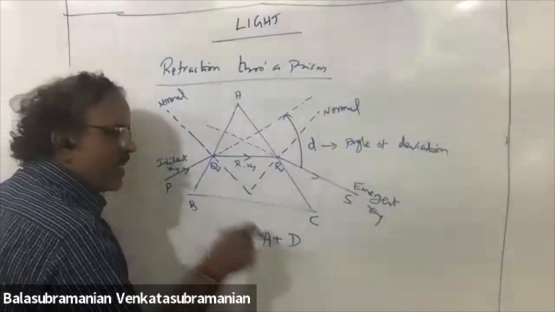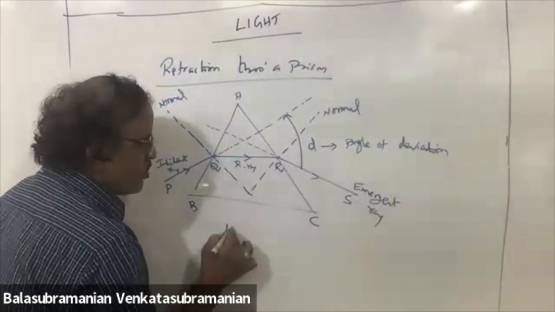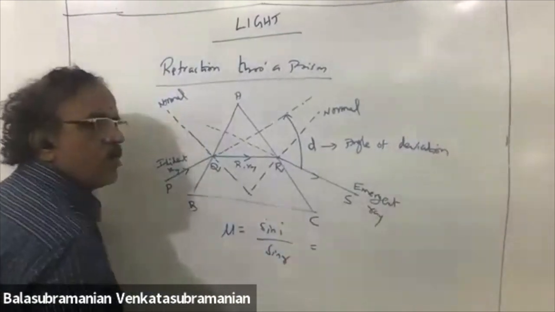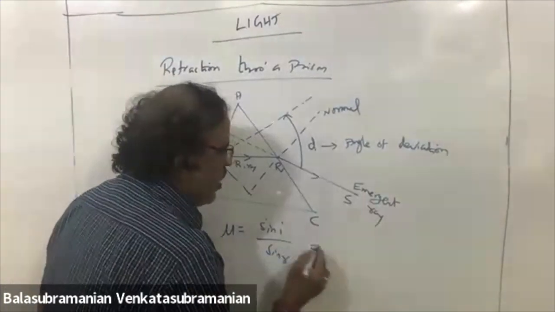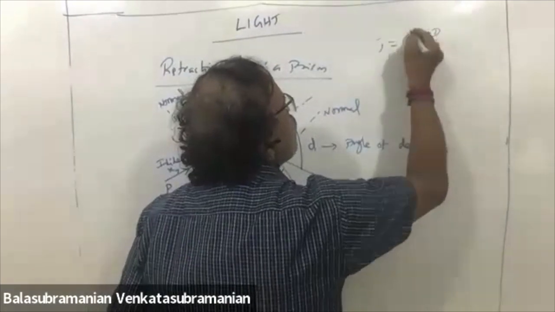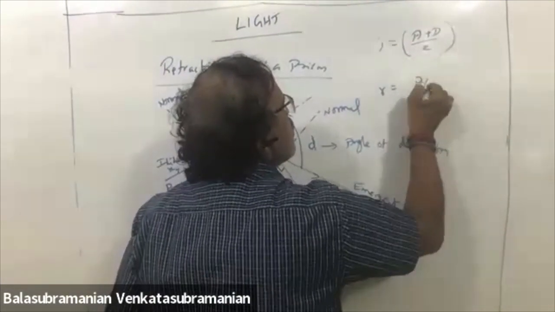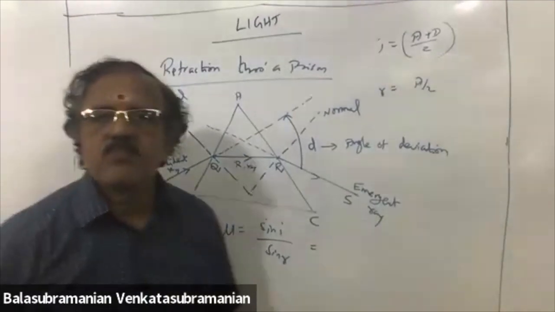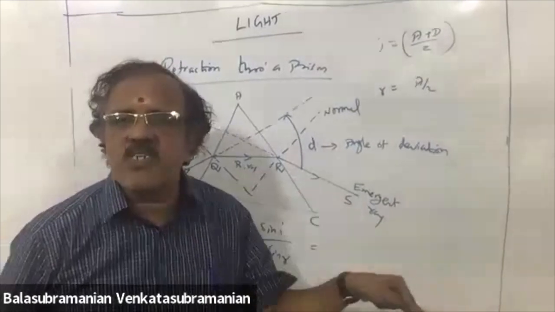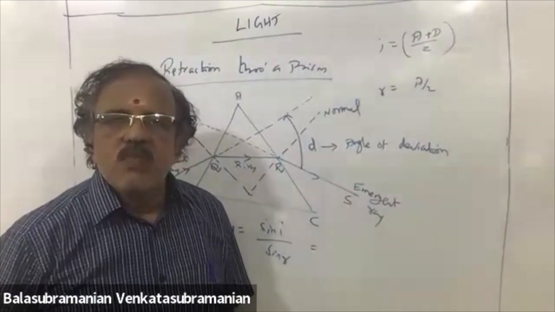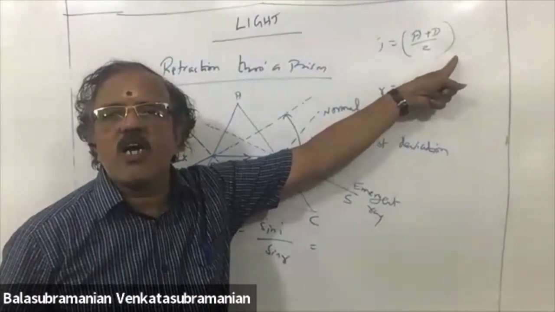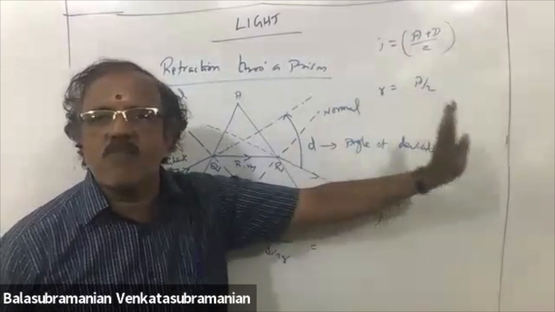So, the derivation proves mu is equal to sin I by sin R. From the derivation, we can prove I is equal to (A plus D) by 2, and R is equal to A by 2. I is called the angle of incidence, R is called the angle of refraction, D is called the angle of minimum deviation, and A is called the angle of the prism.